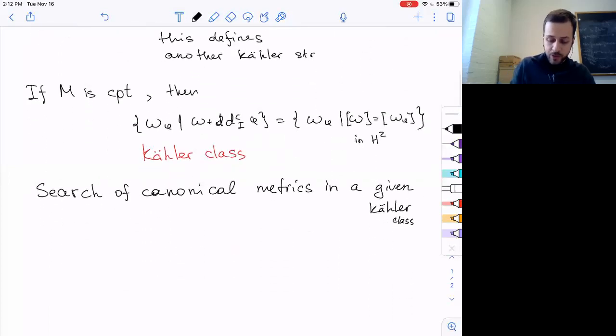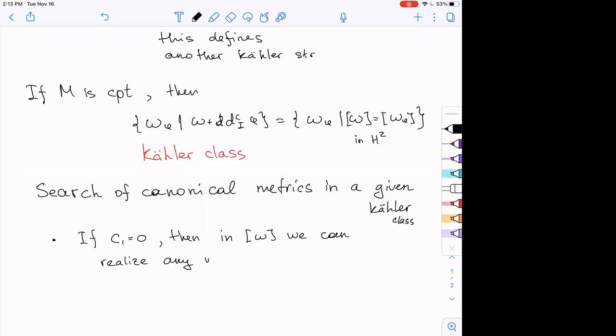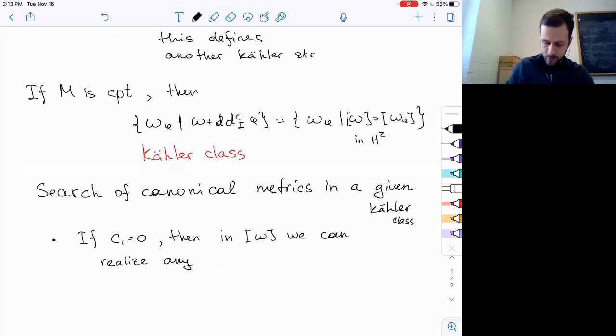So examples of such questions are first the Yau solution to the Calabi problem. Specifically, what he proved is that if c_1 is 0, then in a given Kähler class, we can realize any volume form, any Ricci form.